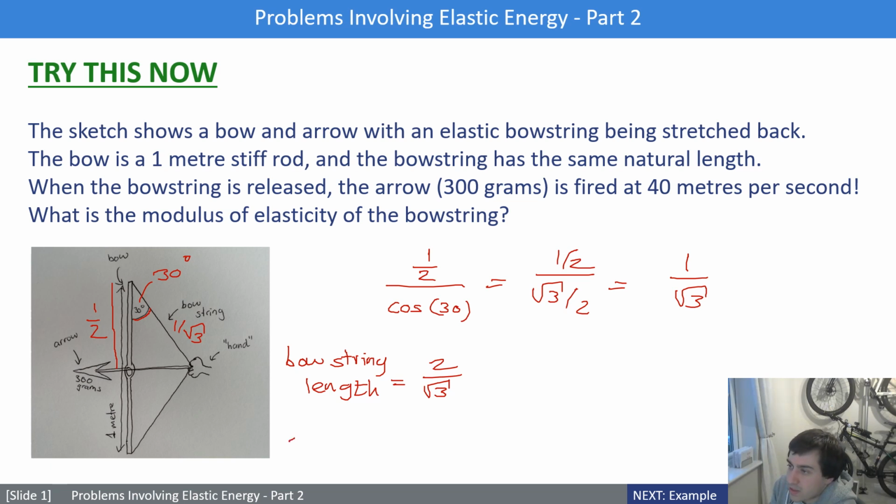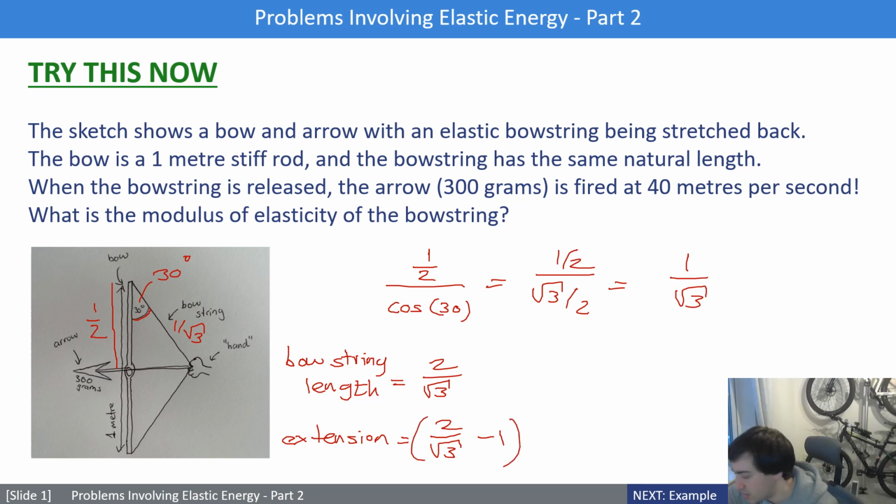So that means the extension is going to be 2 over root 3 minus 1. Just as a sanity check, let's double check that 2 over root 3 is actually bigger than 1, which it must be if we've done the calculations correctly. It's about 1.15. So if I take away 1, that's about 0.155.